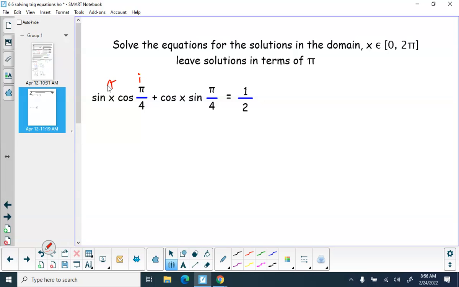We have an A, we have a B, we have an A, we have a B. Sine of A plus B. So we take this back into sine of x plus pi over 4. Try it again: the sine of x plus pi over 4 is equal to 1 over 2.